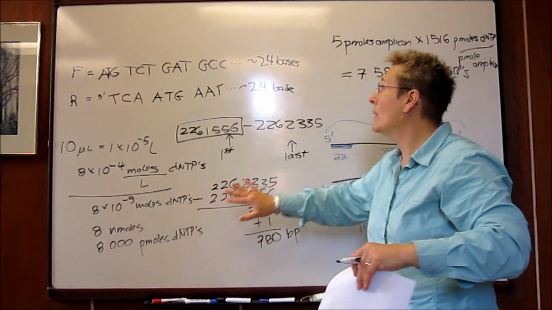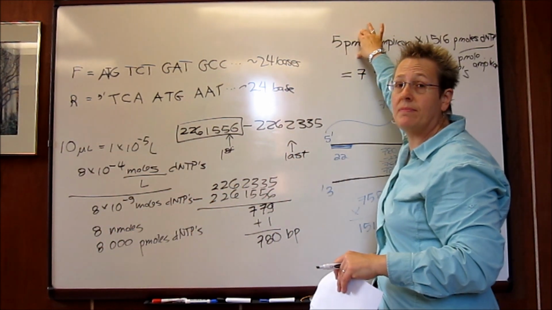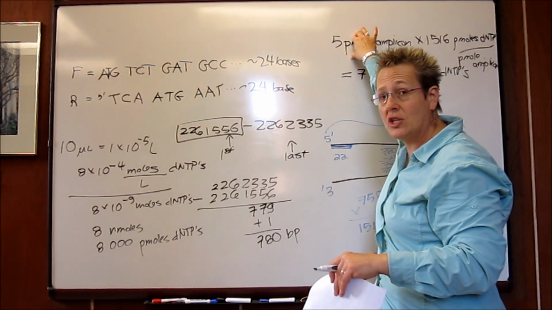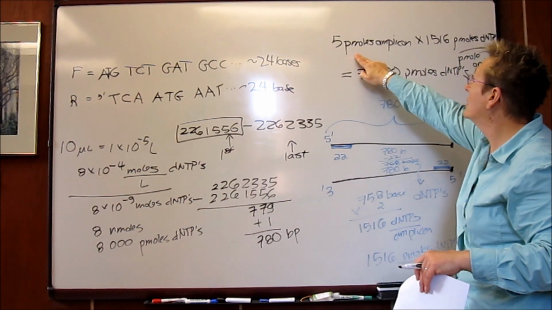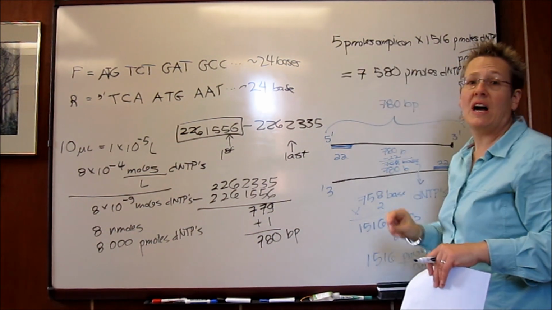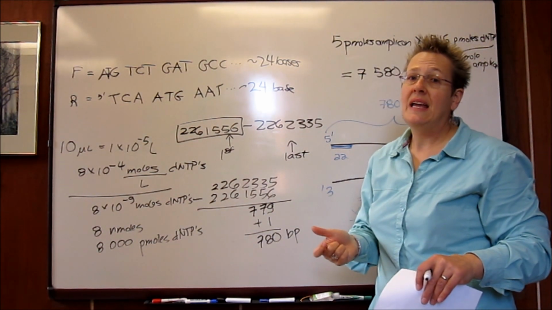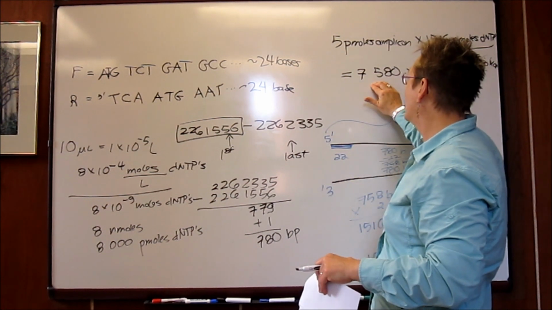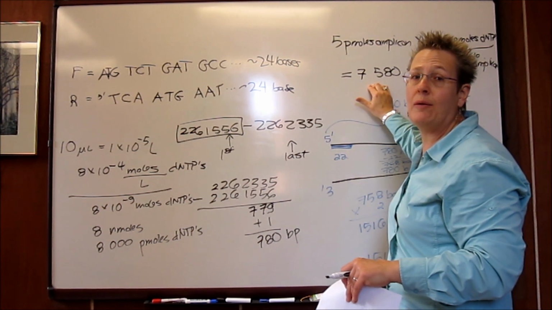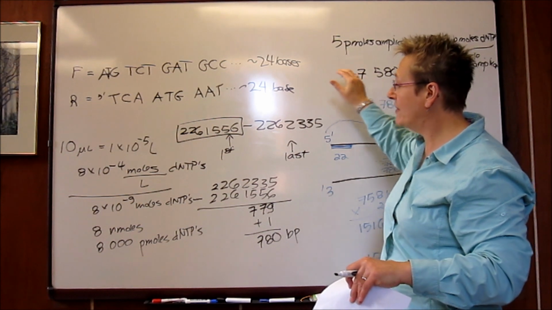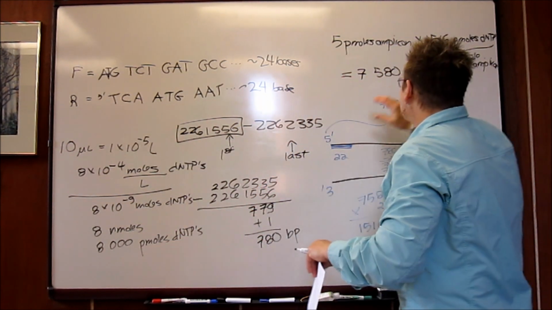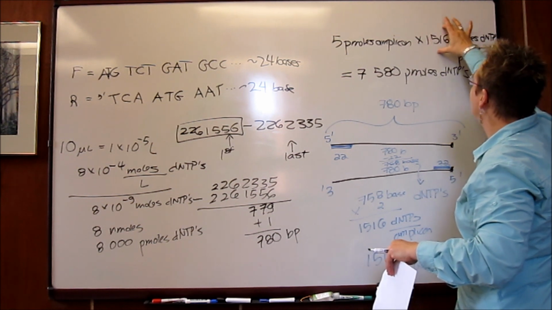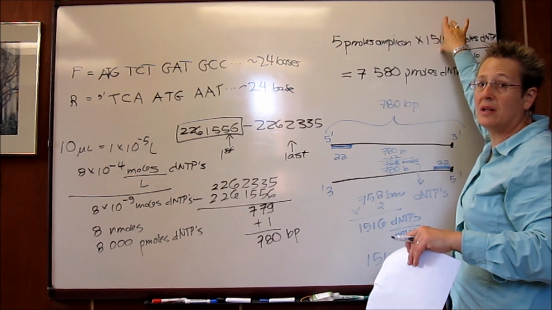So what this tells me right away is that this is primer limited, not dNTP limited, and therefore my maximum yield is simply 5 picomoles of amplicon. If I didn't have 7,580, it would be dNTP limited, and I would have to figure out how many picomoles of amplicon I would make, knowing how many picomoles of dNTP are in every picomole of amplicon.